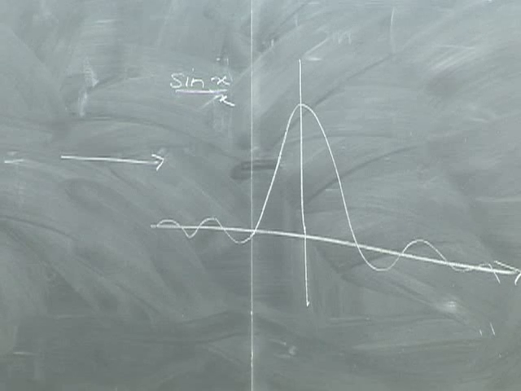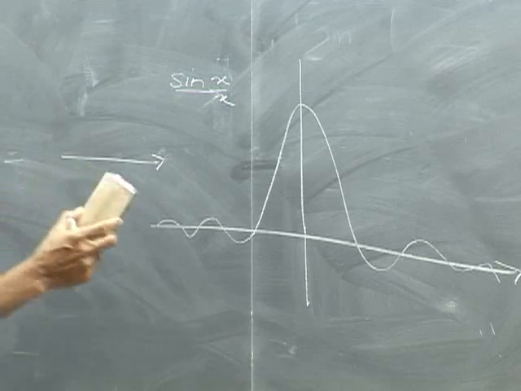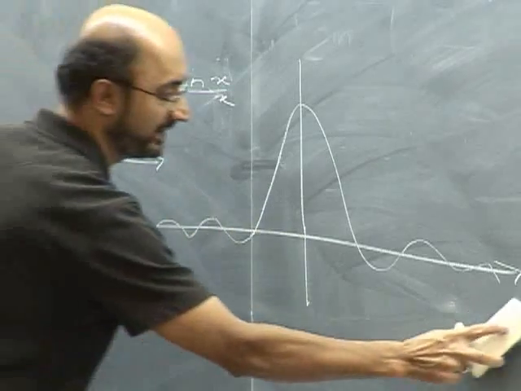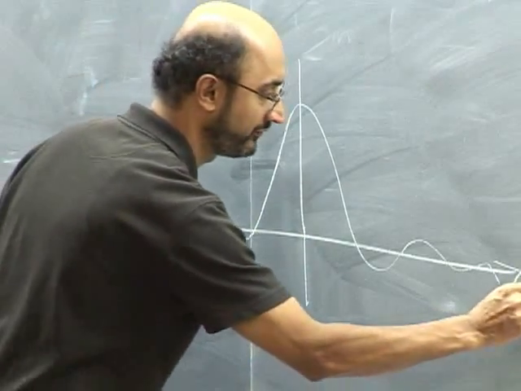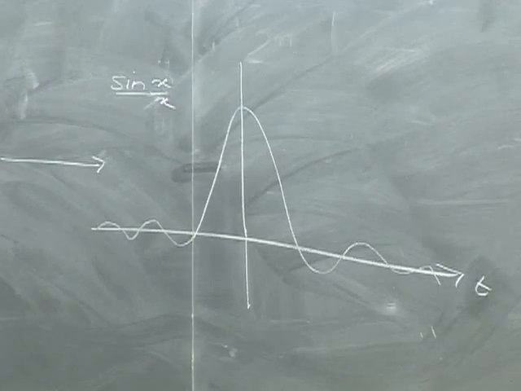What we can do with duality is that we can change the basis. So we can say that if this is time, and we're forgetting the 2 pi for a moment, then this is what it looks like in frequency.